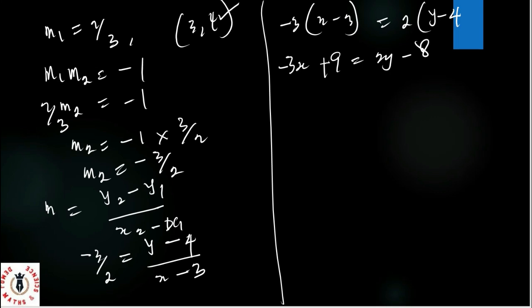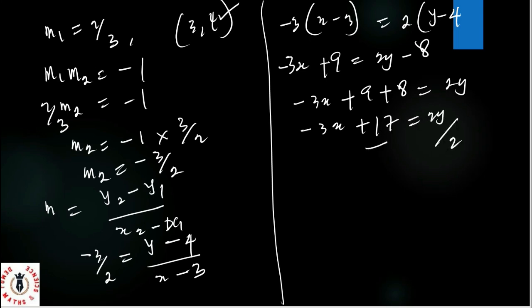Let's regroup our values so that minus 3x plus 9 plus 8 is equal to 2y. Sorry, this is plus 8, not minus 8. If minus 8 crosses this side, it becomes positive. Minus 3x plus 17 is equal to 2y. Let's divide both sides by 2. So minus 3 over 2 x plus 17 over 2 is equal to y.